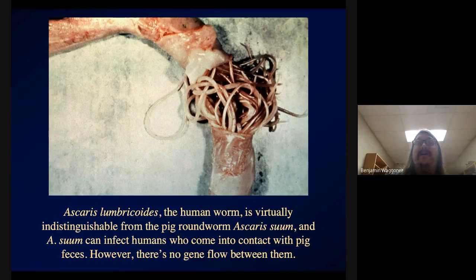Humans can get infected by Ascaris suum if they come into a lot of contact with pig feces. This is the kind of thing that pig farmers can get. There have been some outbreaks of it in areas that raise a lot of pigs. There's actually labs I thought about doing that would have involved getting some pig intestines from the nearest slaughterhouse and looking at Ascaris suum.